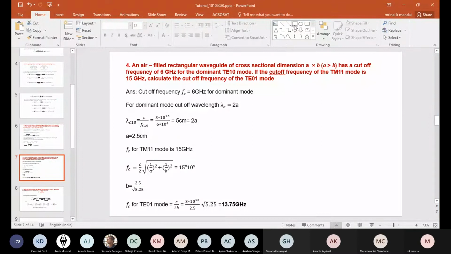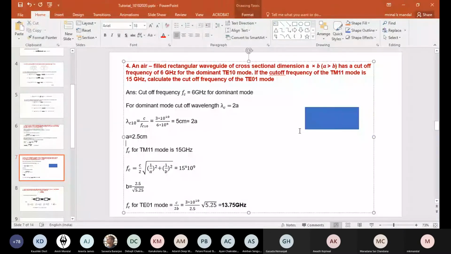So the rectangular waveguide is like this. We have two dimensions: the broad dimension is A and the narrow dimension is B. We need to find them out. So we need two relationships because we have two unknowns, and that is given.